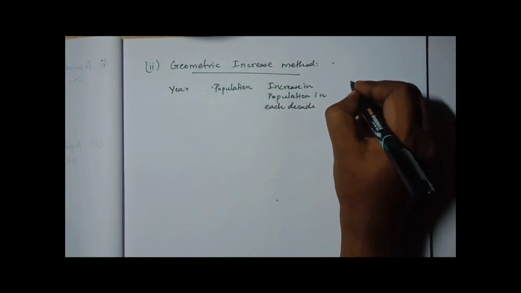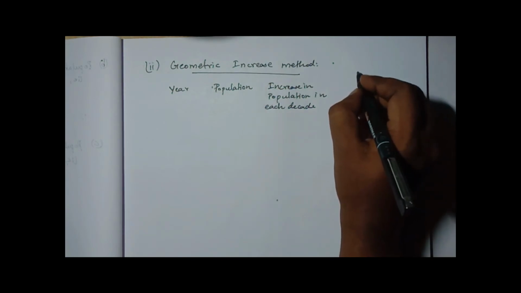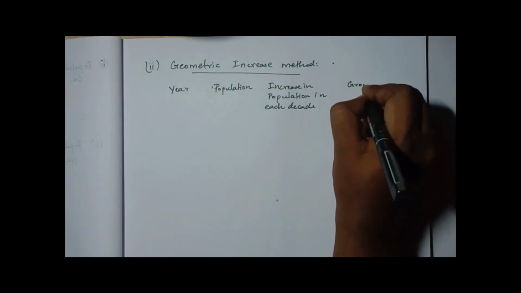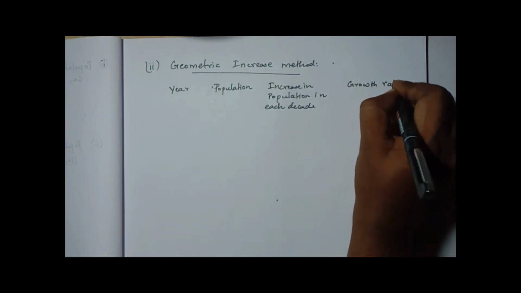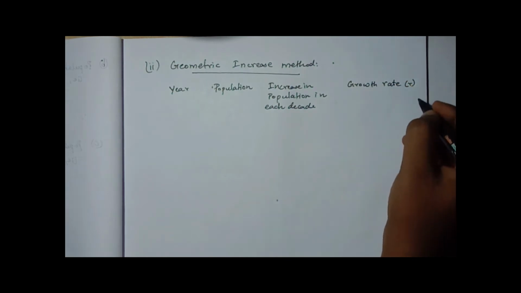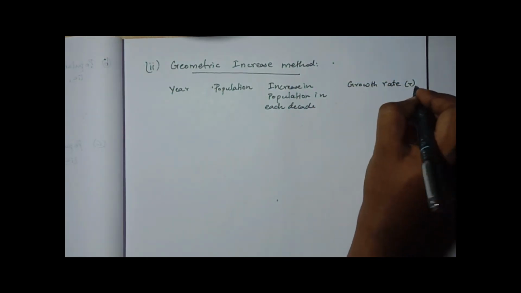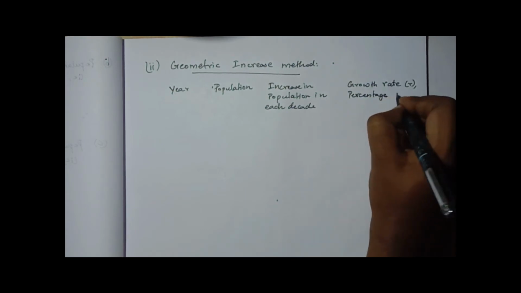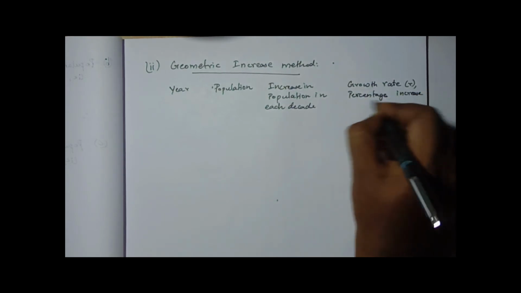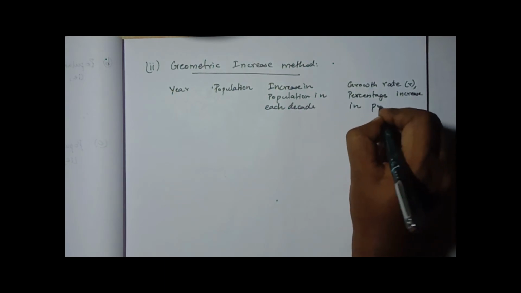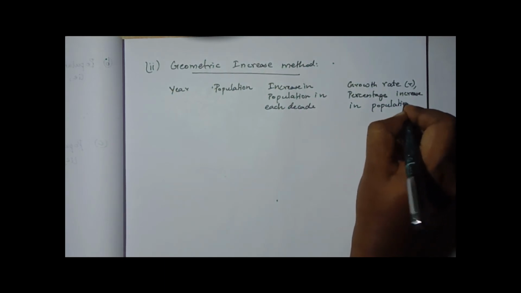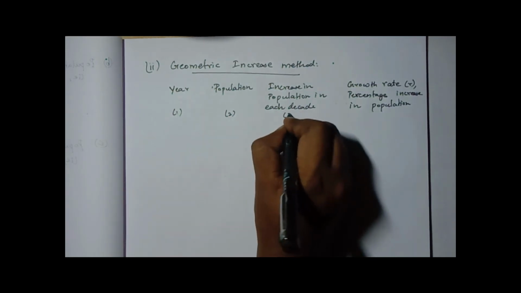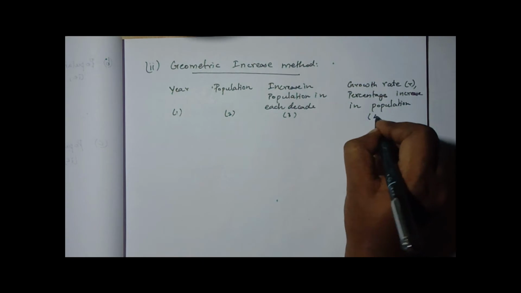And then we have to find the percentage increase in population, that is growth rate R, which is nothing but percentage increase in population. So this is table column 1, column 2, column 3, and column 4.